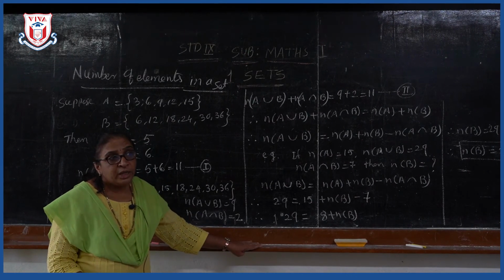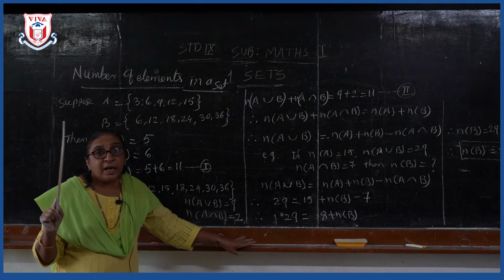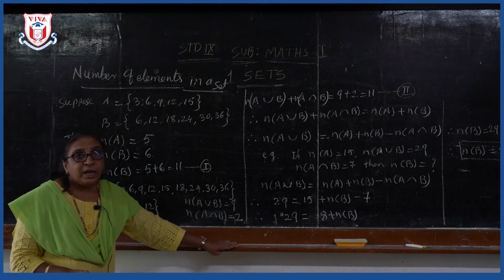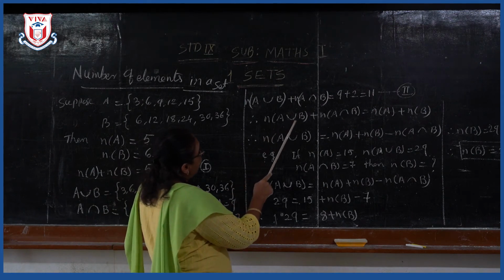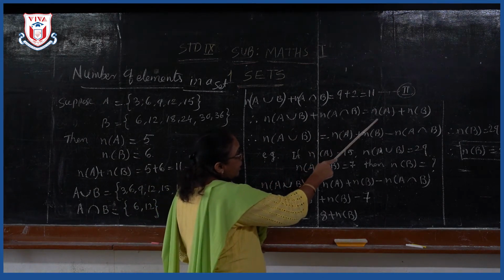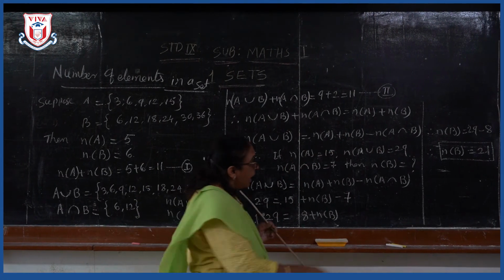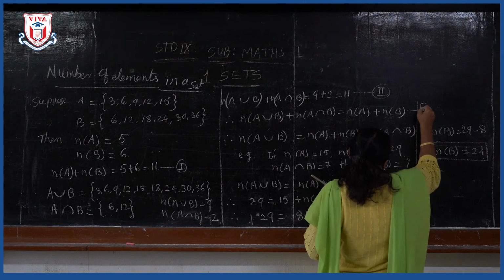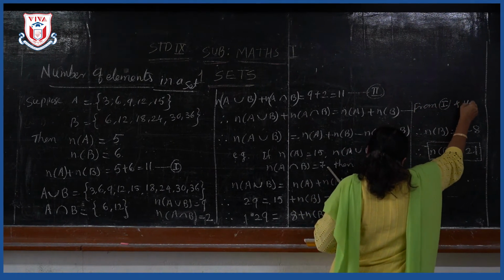Now if you see statement 1 and 2, their right hand sides are equal, that means their left hand sides are also equal. So n of A union B plus n of A intersection B is equal to n of A plus n of B.